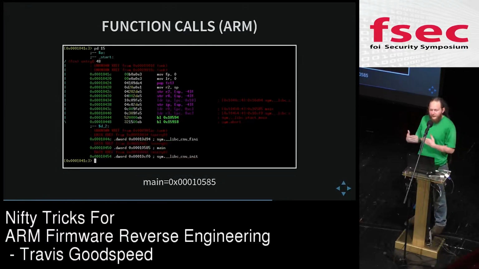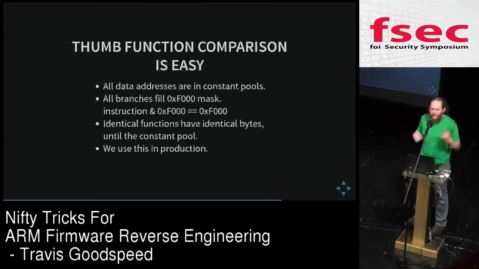Now, inside of the function, you have a branch and link statement, which is actually used to do the function call from one function to the other. Those always have EB as their most significant byte in 32-bit instructions. And in Thumb, they always begin with an F. So you can just throw away any half word where they both begin with an F, but the other bits are different.